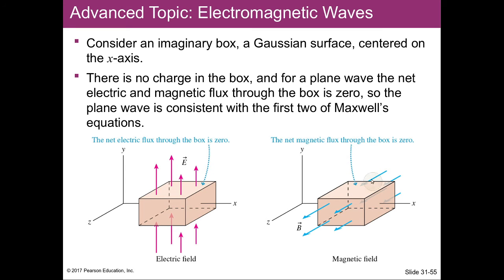And the same is true for the magnetic field, and so we see both Gauss's law for the electric field and the magnetic field are satisfied. The net electric flux and the net magnetic flux through this box are zero. This doesn't really tell us anything about the wave being able to exist, but it at least tells us that it's compatible with Gauss's laws. So that's a consistency check, no problems with Gauss's laws.